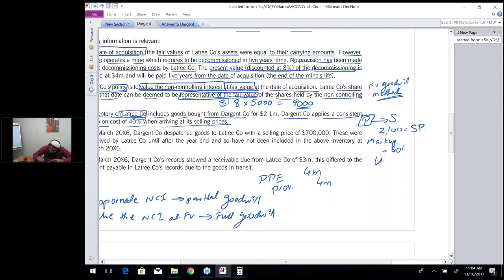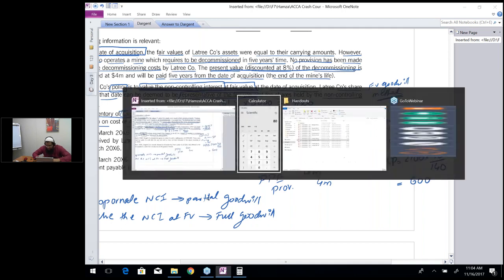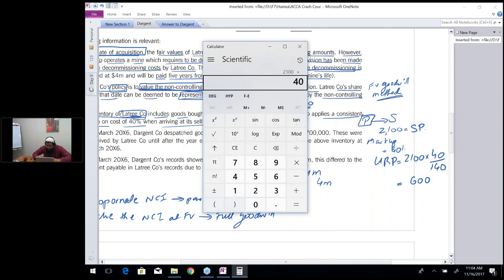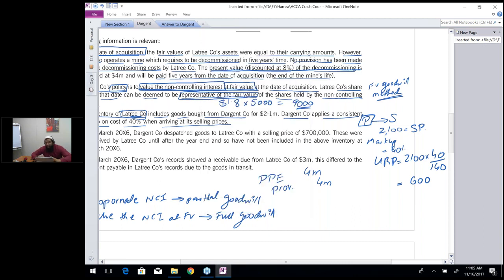So the unrealized profit is going to be 2100 into 40 divided by 140, which is going to be 600. And this unrealized profit is going to be removed. So the entry is going to be retained earnings debit and inventory credit by 600.